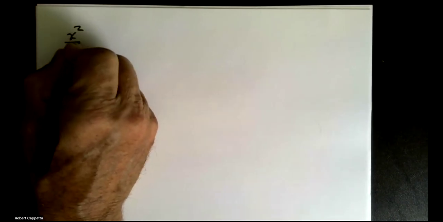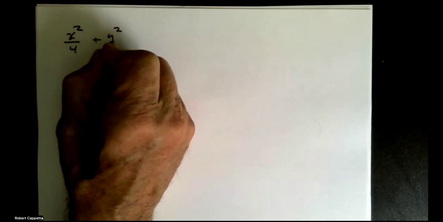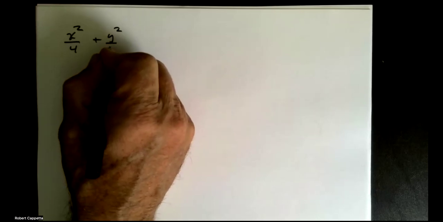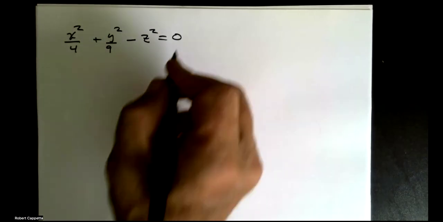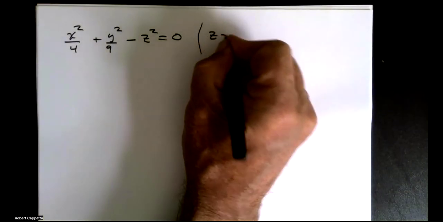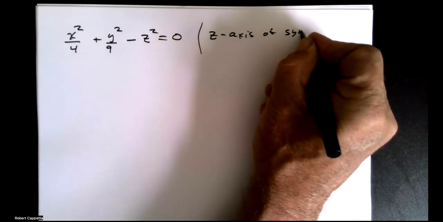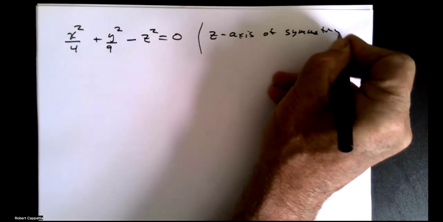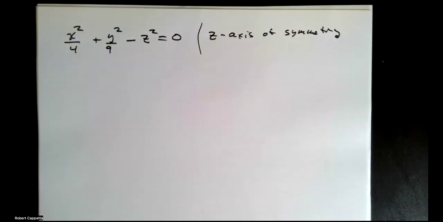So looking at our previous example, and I won't worry about the numbers on the bottom too much here. That just gives us the size of the ellipses we're dealing with. But this was our first example, and this had a z-axis of symmetry or axis of rotation. So notice, in that case, the z part was negative and the x and y's were positive.